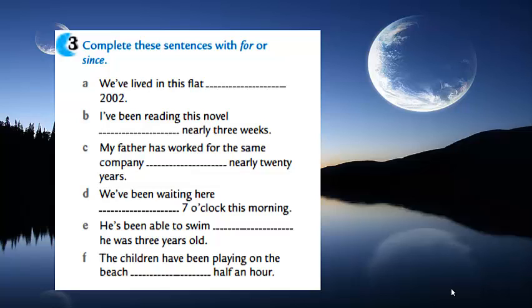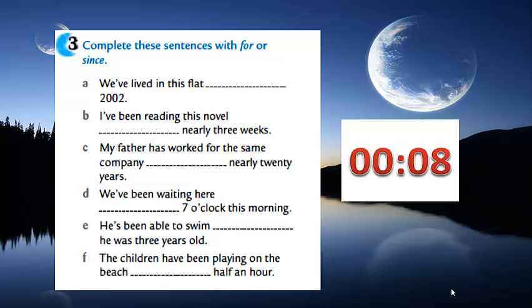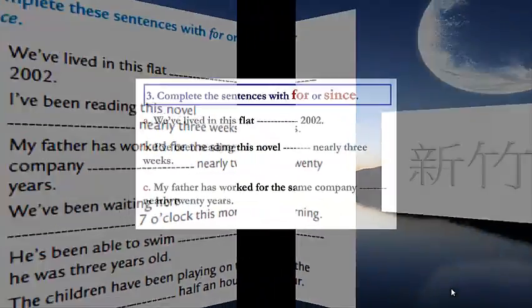We have been waiting here since 7 o'clock this morning. He has been able to swim since he was 3 years old. And the children have been playing on the beach for half an hour. Okay, you have a minute. Think and try to complete these sentences using for or since. Okay, let's check the answers.